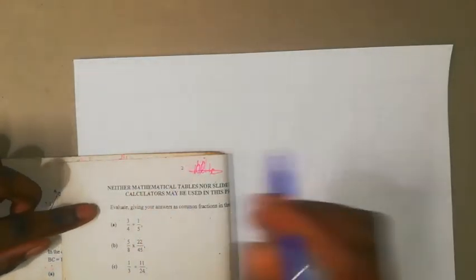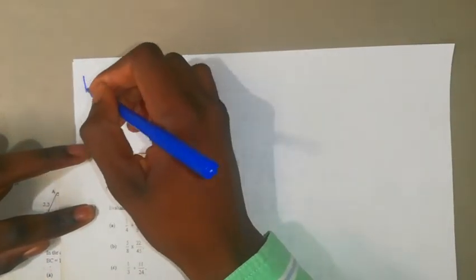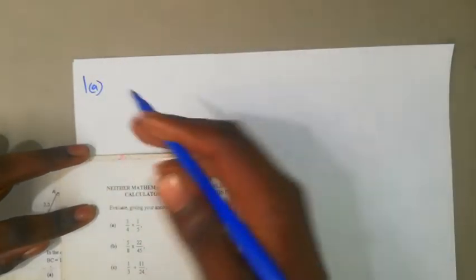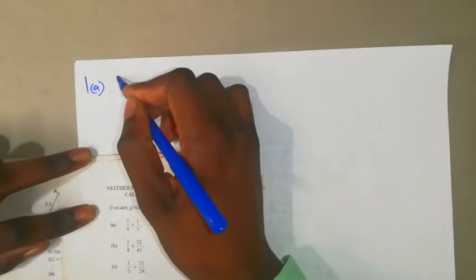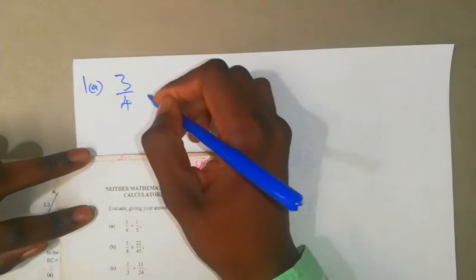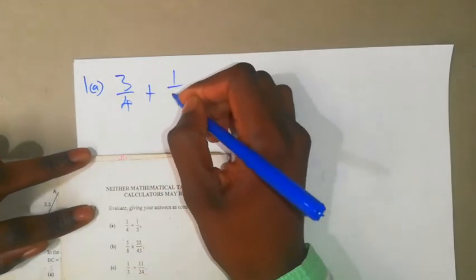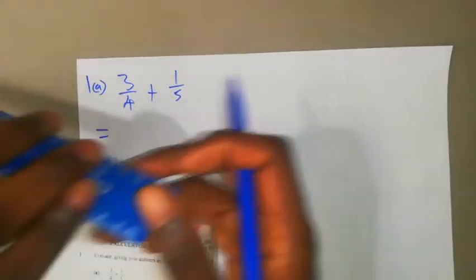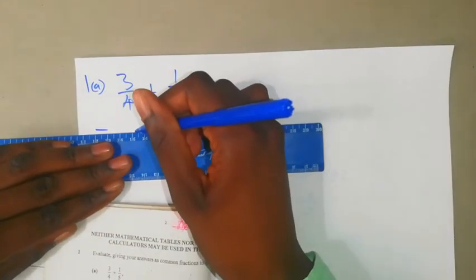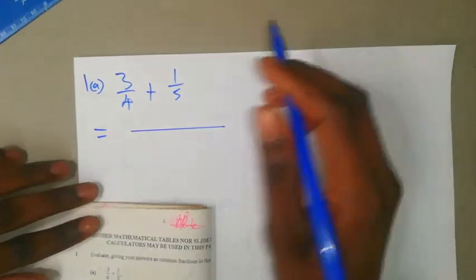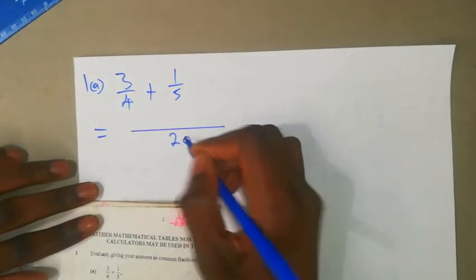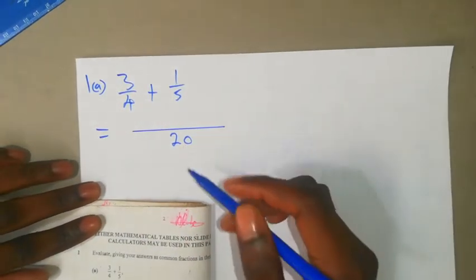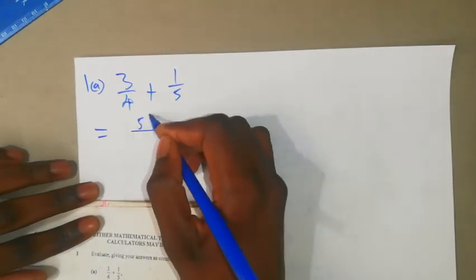So I'm going to start with number 1A. I think it's simple. That's 3/4 plus 1/5. So here your working is like this. You're going to determine the what? The lowest common denominator. In this case it is 4 times 5, that's 20. Then 4 into 20, that's 5. Then 5 times 3.